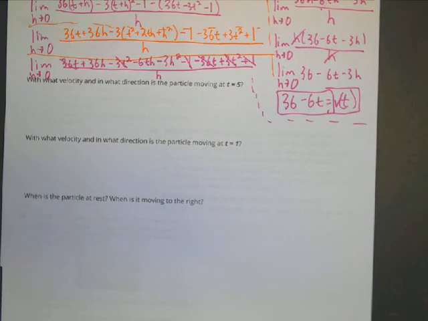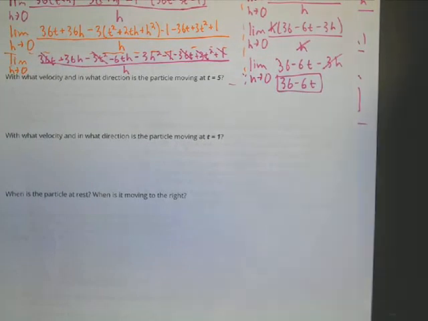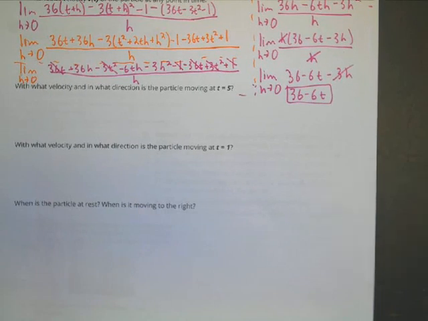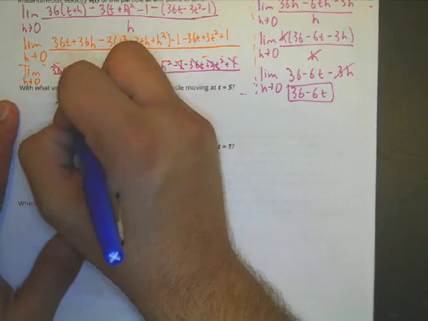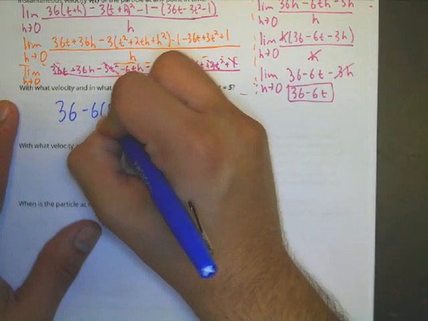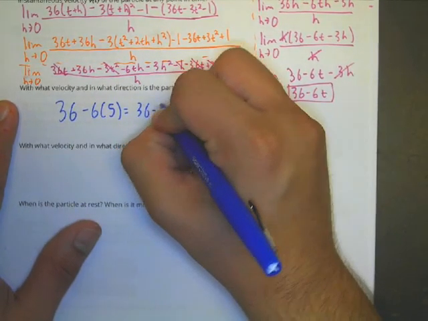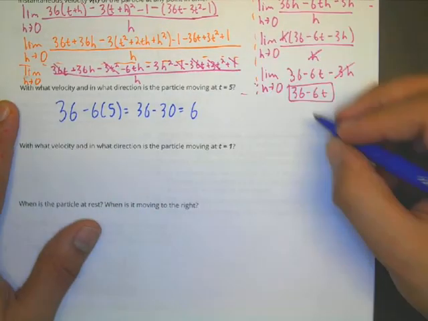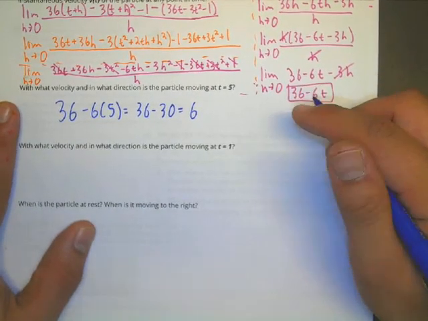So, at t equals 5, what do I have to do to figure out what direction, what velocity? You just plug in 5, right, to the velocity thing. That's 36 minus 30. That's going to give us 6 centimeters per second.